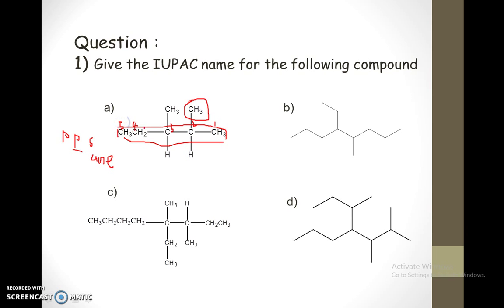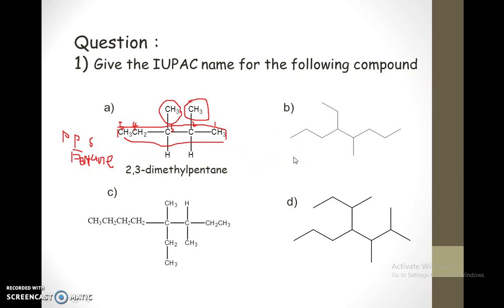So 5 means pentane. Next you have to find the prefix. There are 2 similar methyl groups, so you need to put 2,3-dimethyl pentane. Okay, 2,3-dimethyl pentane.